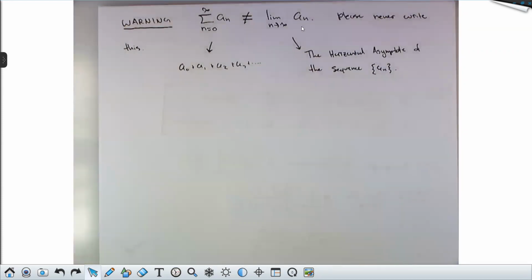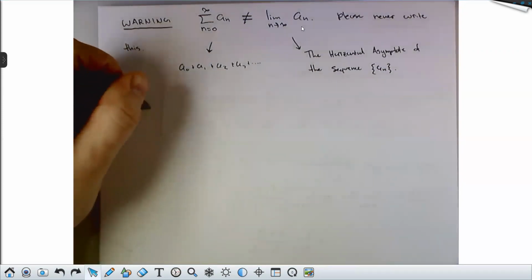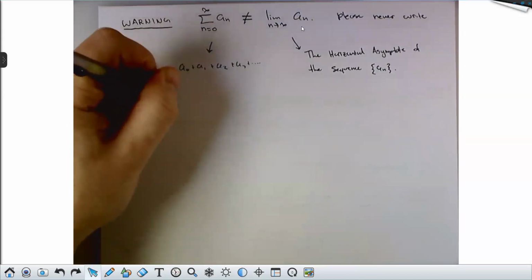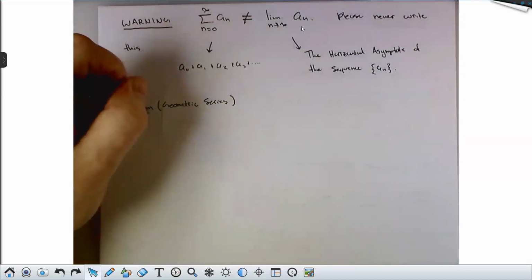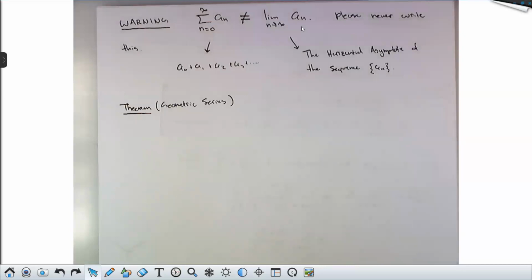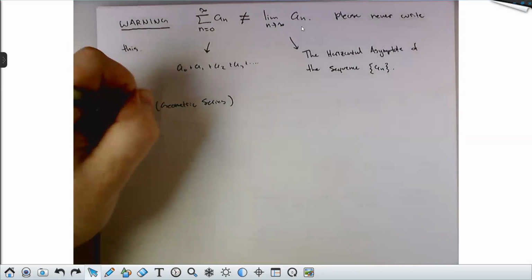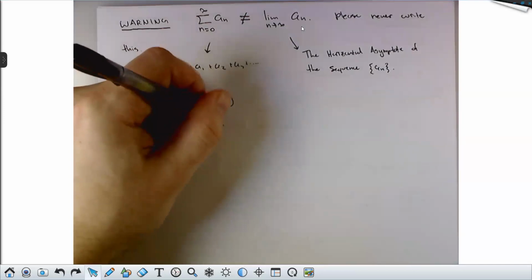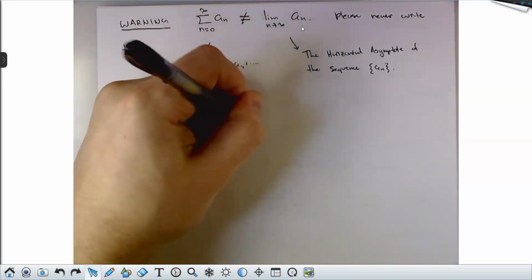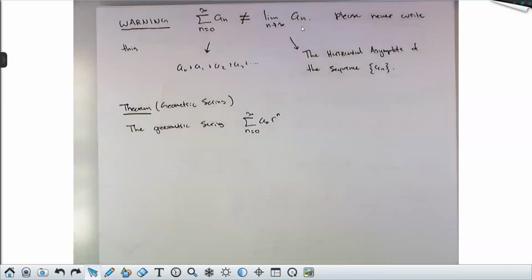The next thing I want to talk to you about are geometric series. And this is an important theorem. Your textbook writes geometric series as sigma n from 1 to infinity a times r to the n minus 1.